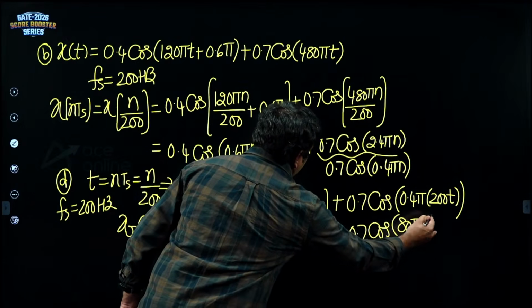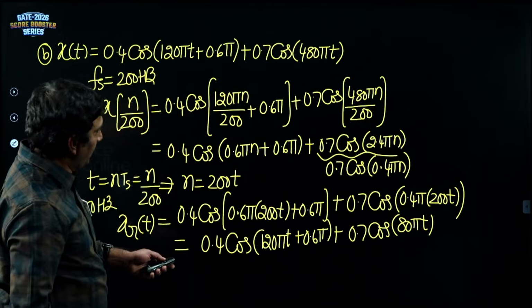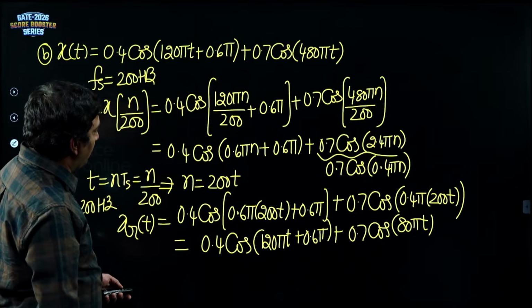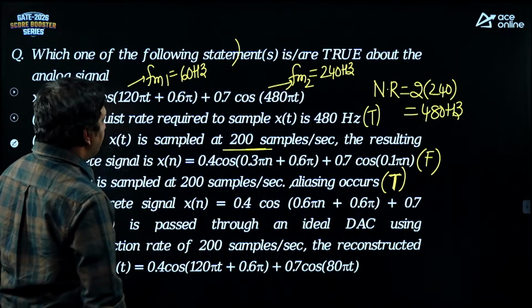Let us concentrate on the numbers: 120 pi, 80 pi, they are given. Amplitudes 0.4, 0.7, they are also given.